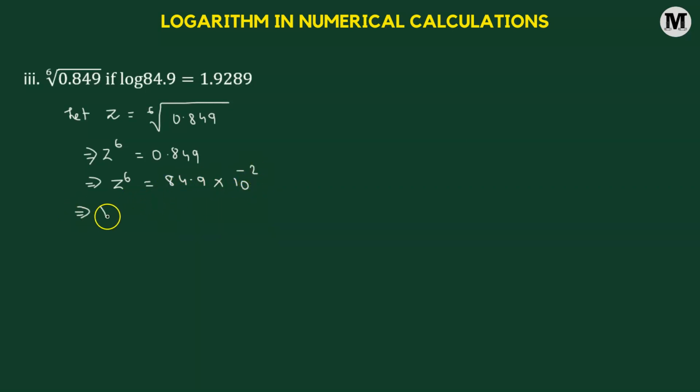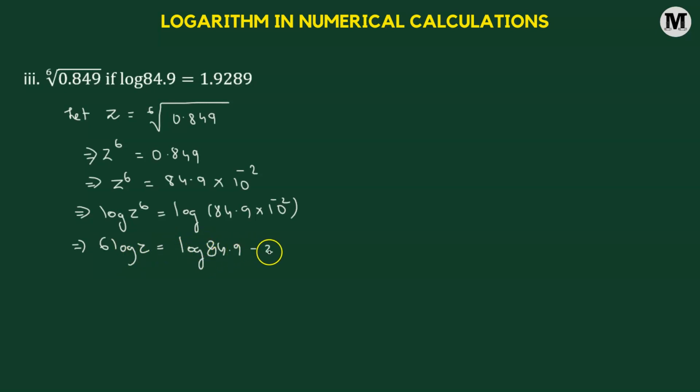Let's apply the logarithm on both sides. We have logarithm of z raised to the power of 6 equals the logarithm of 84.9 times 10 raised to the power of -2. Applying the properties of logarithm, we have 6 times log of z equals log of 84.9 minus 2.